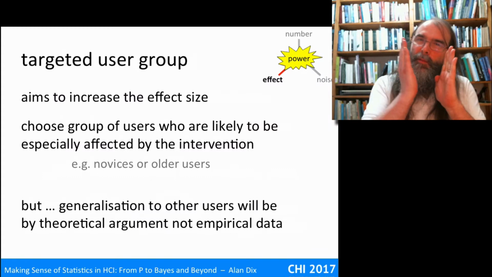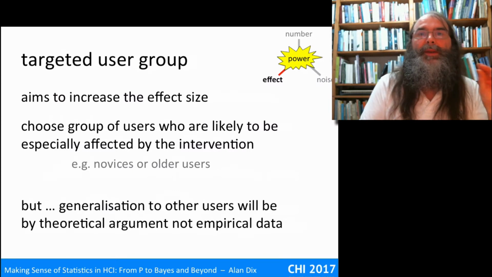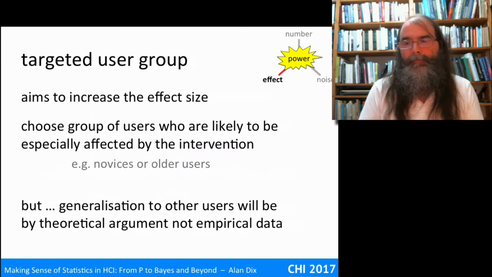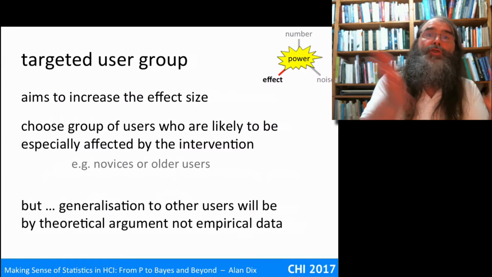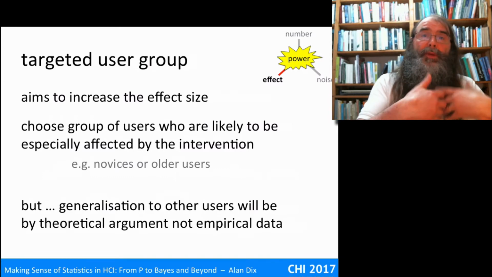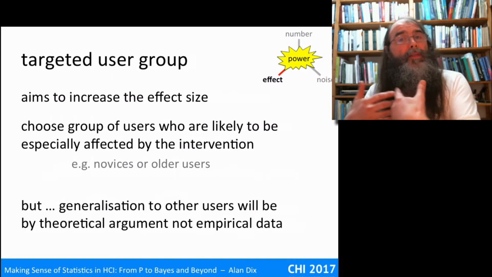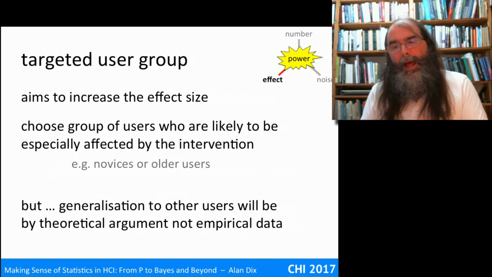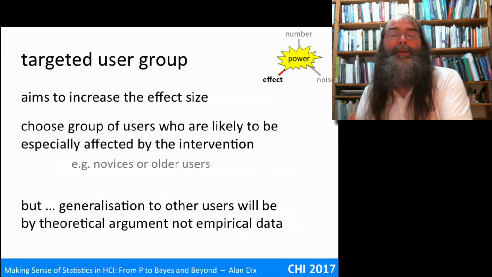But even within that, you might go very, very narrow. Perhaps choose a group that you might believe have a particular problem with one system or other. So a classic might be you go for novice users and are particularly interested in their results, or maybe even older users because you'll know there may be short-term memory issues. And the idea is this might show up differences that might otherwise be invisible.